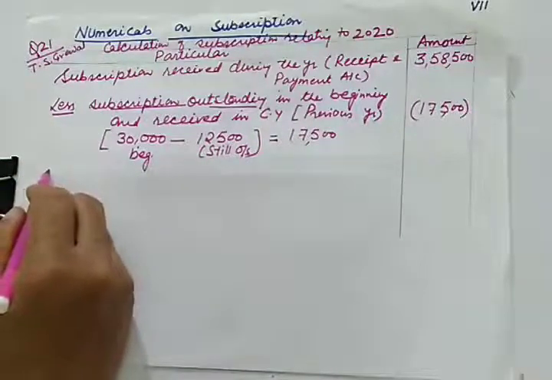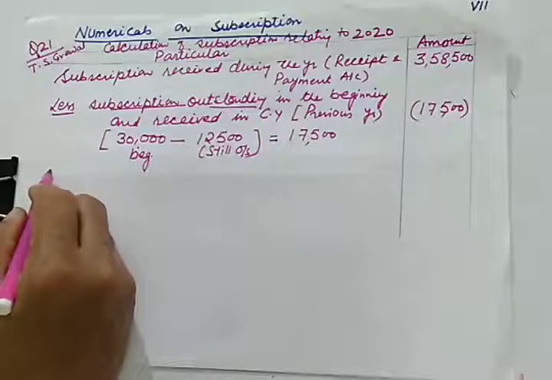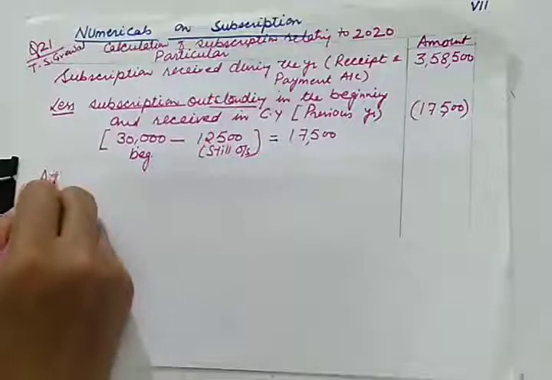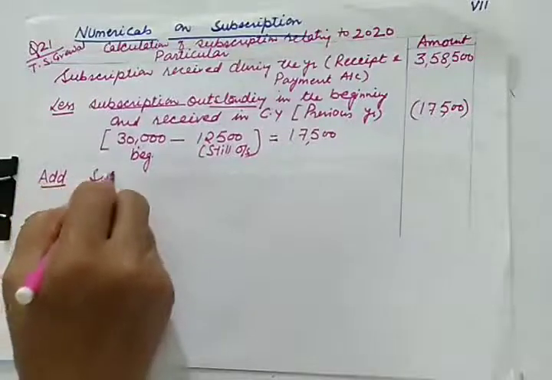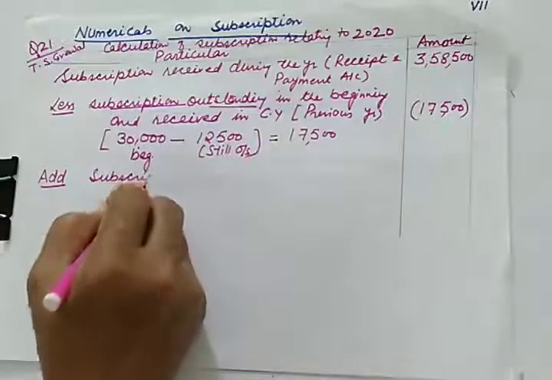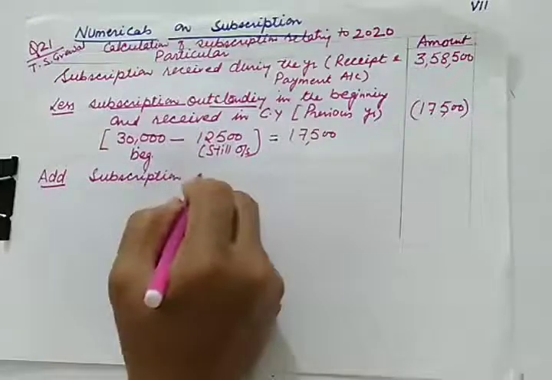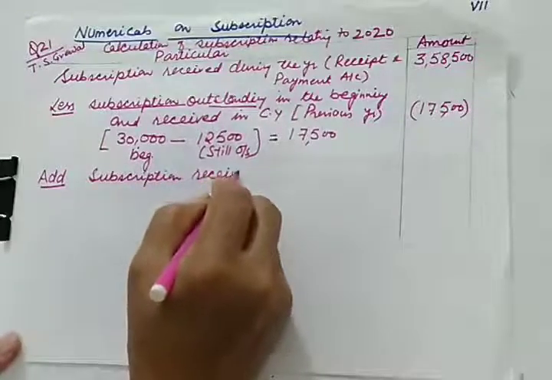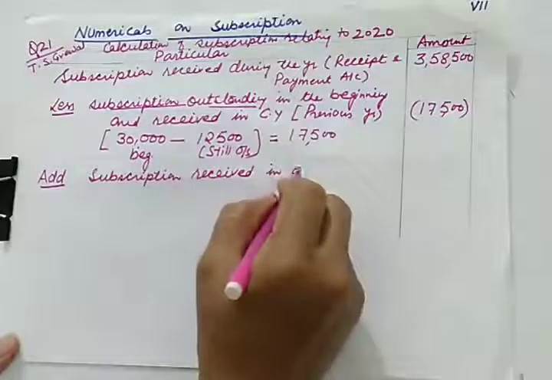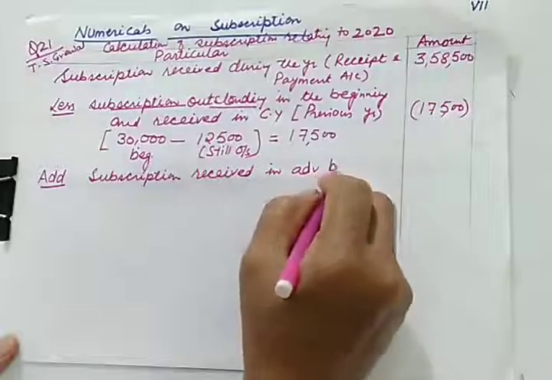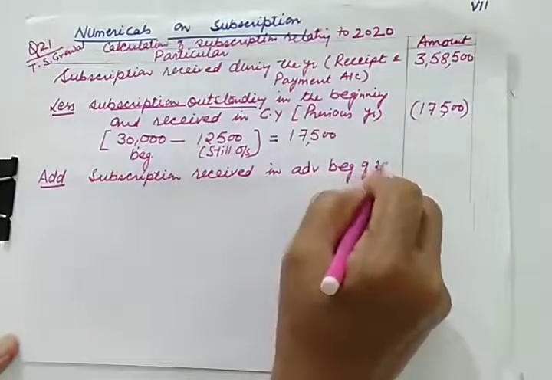Then next item is subscription received in advance in the beginning. That will be added. Add subscription received in advance in the beginning of 2020.